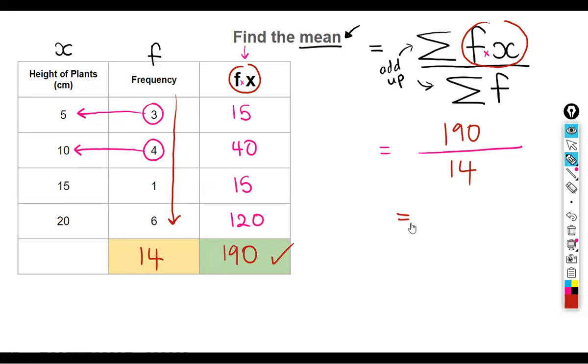That's the end of the question. 190 divided by 14. 13.57. And you have to put centimeters because the mean height of the plants is 13.57 centimeters.